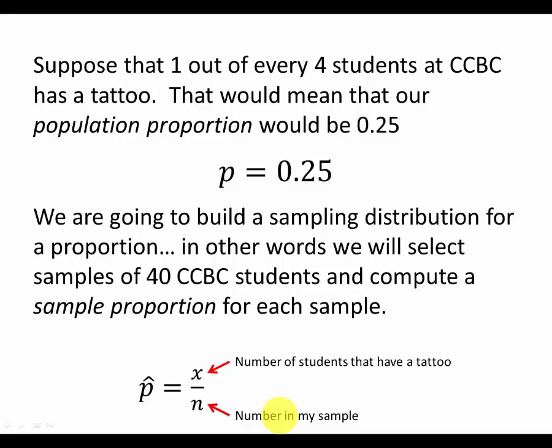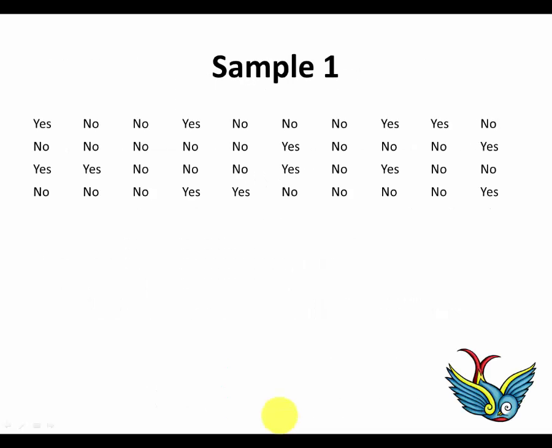Let's work through a few samples. Here's my first sample. 40 students were asked this question, and if you count up the number of yeses among the 40, we find that 13 report having a tattoo. 13 divided by 40 is 0.325, a little higher than our population proportion.